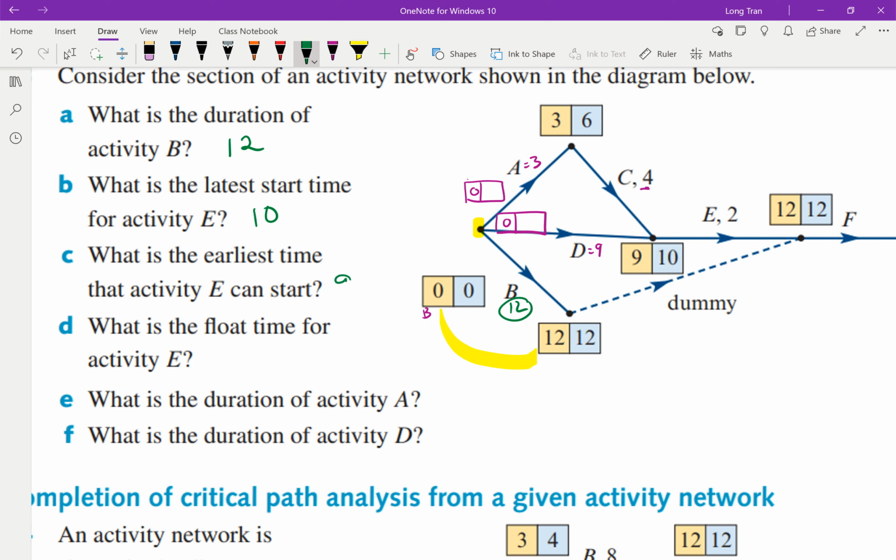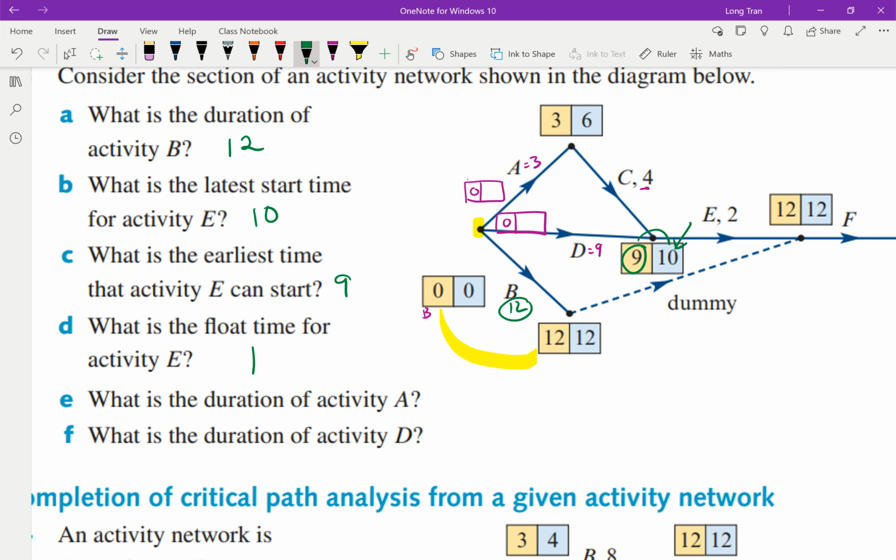What is the float time for activity E? The earliest start time is 9, and the latest start time is 10, so there's a 1 hour float time. Or I don't know if it's hours, but there's obviously 1 as a float time. They could have started at 9, or they could start at 10, and it doesn't matter.